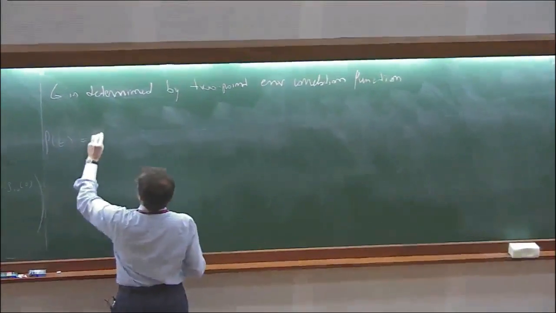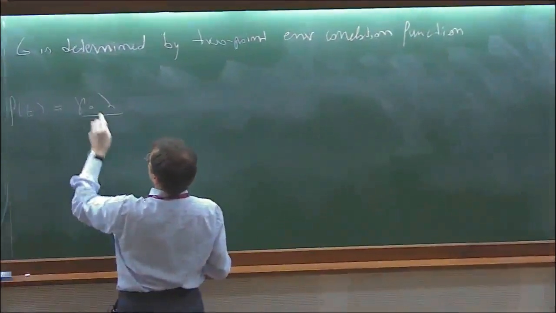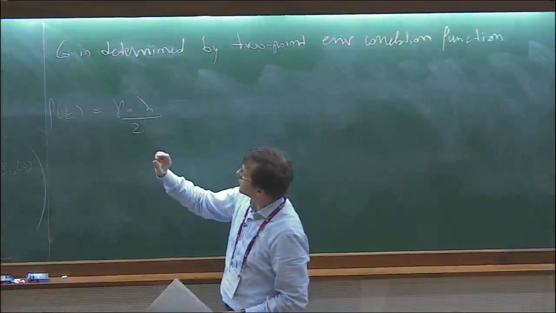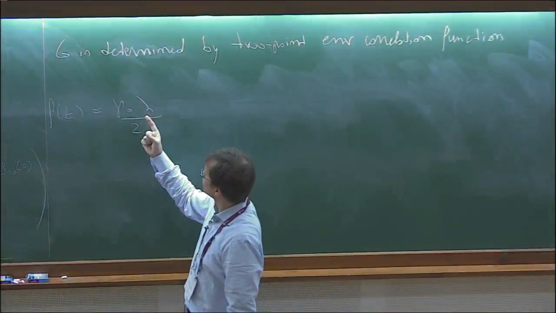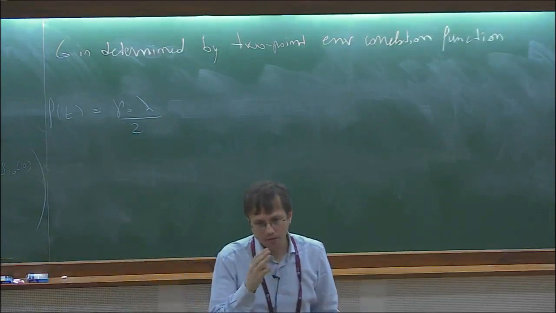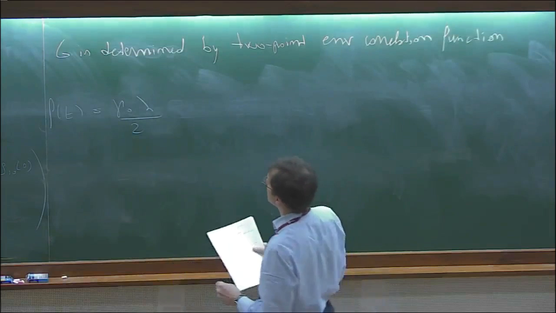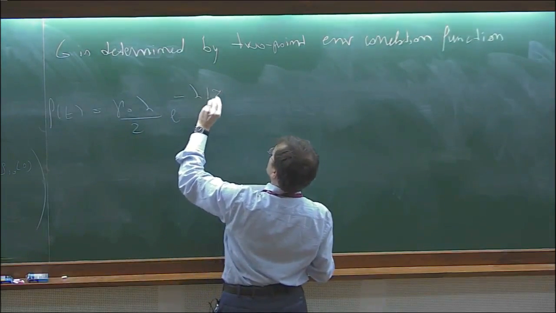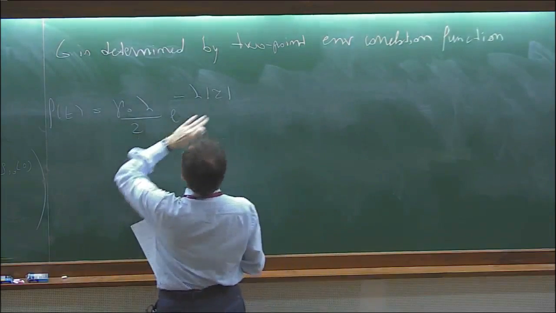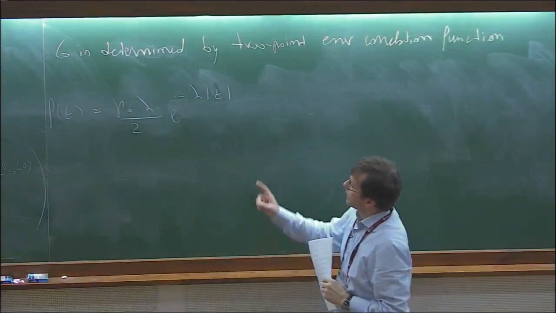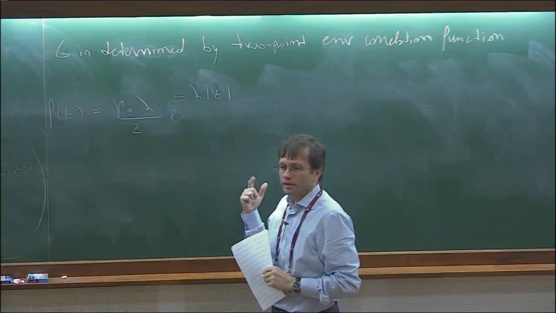It has a prefactor, gamma 0 lambda over 2. The idea is, I will come to that in a minute, lambda is related to the coupling strength, and this gamma 0 is a kind of reference value for a Markovian dynamics that we will obtain. Then e to the minus lambda modulus of t. So, an exponential decay.